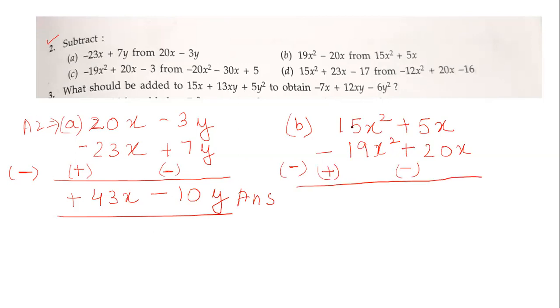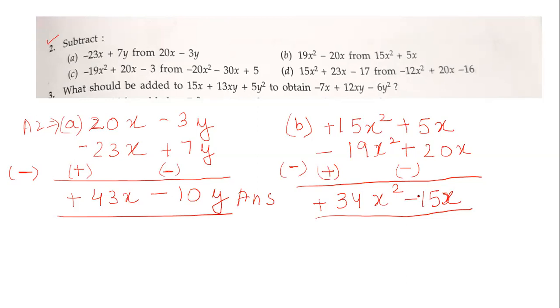Now 15 plus 19 is equal to 34. यहाँ पे एडिशन है, यहाँ पर भी एडिशन है, जहाँ पर कुछ नहीं होता वहां पर भी एडिशन ही होता है. 34x square plus 5x minus 20x is equal to minus 15x.